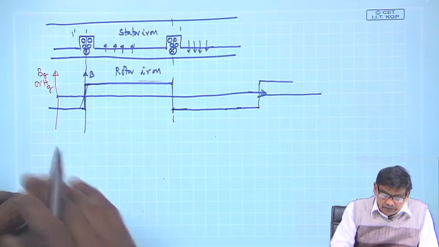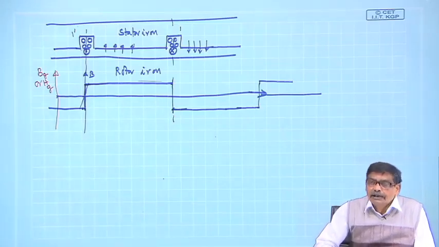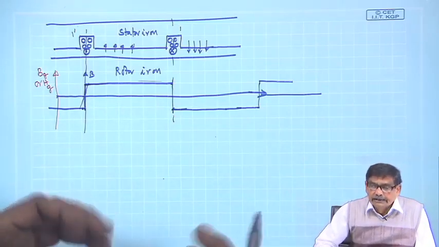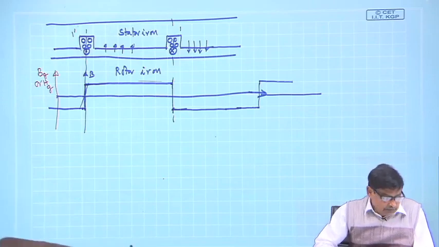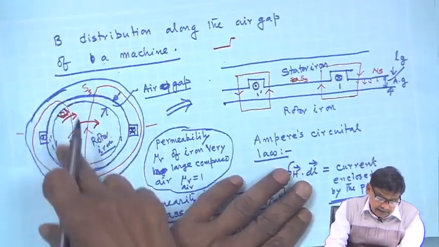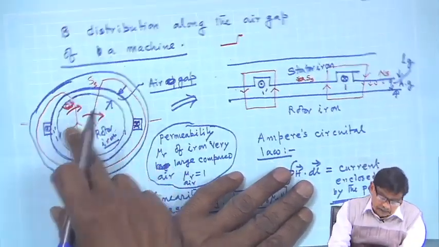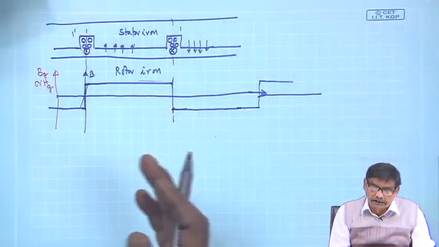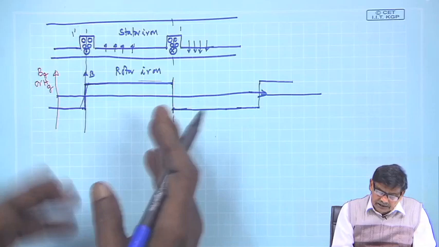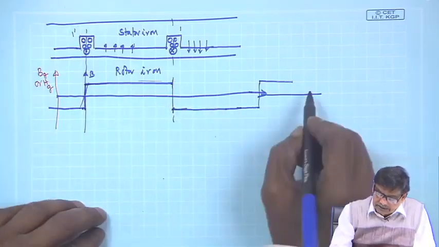Now, this B distribution, we now know, will decide the nature of the generated voltage in a conductor which may be housed on the rotor surface and is rotated. So the same B distribution will give the induced voltage polarity. That is why knowing the B distribution pattern is important.